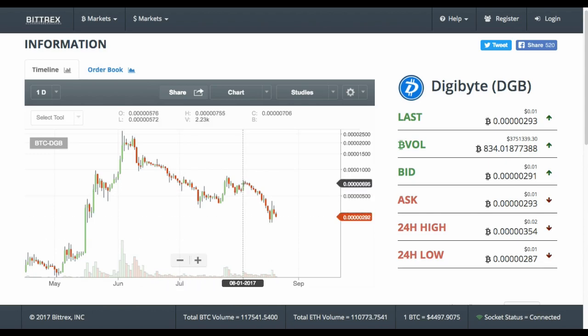And of course, you've got these resistance levels on the way up, particularly this big one right here. That's going to be at about 850.